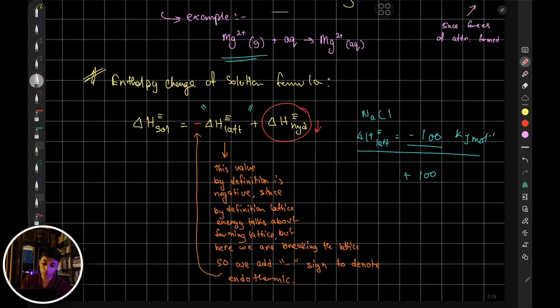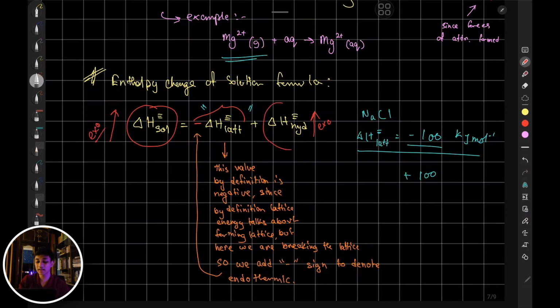Similarly, if we talk about the reverse or opposite case, since del H hydration is always exothermic, if it is a really large exothermic value, if it's extensively exothermic, and del H lat is somewhat endothermic considering the minus sign, the entire value for del H solution is going to be far more exothermic.